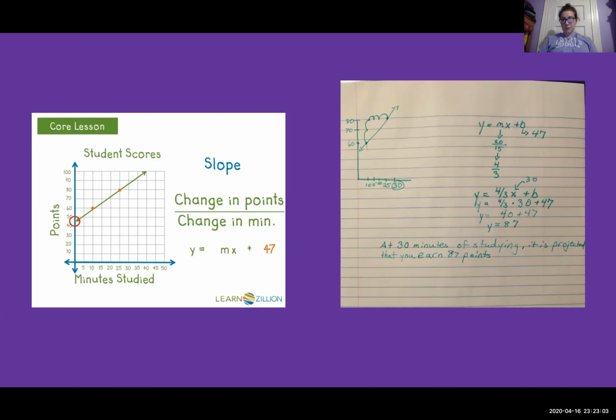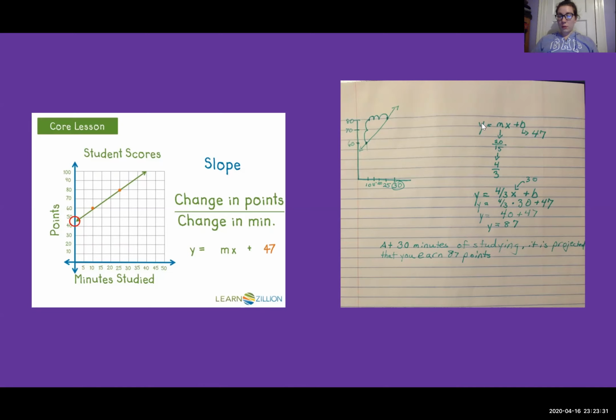So now knowing that my slope is 4/3 and my y-intercept is 47, I can put it together in my equation. And this is the first step in order to do your predictions. So what is your first step? Yep, it is making your equation. There are multiple steps to this, so first you want to do your equation.